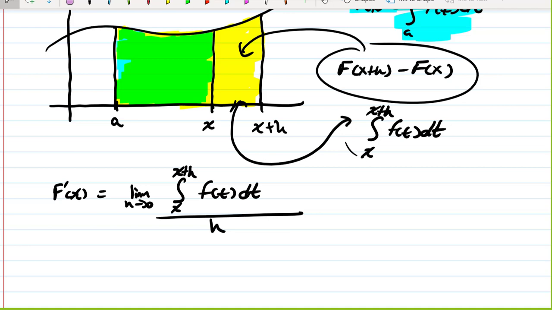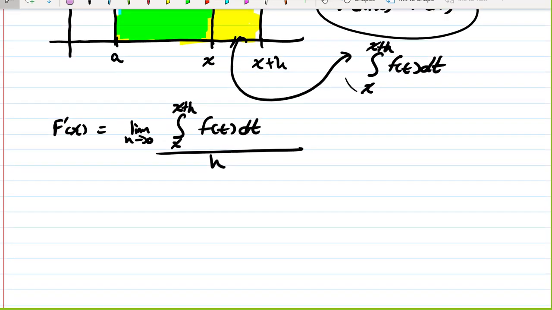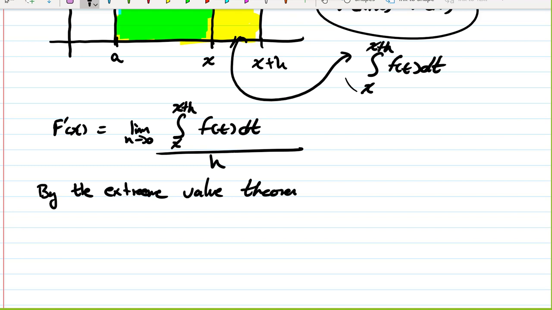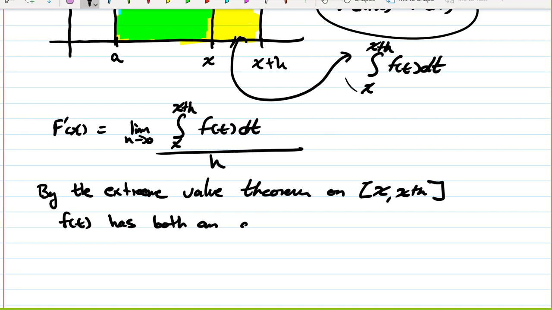So now, by the extreme value theorem, we know that on that interval x to x plus h, f of t has both an absolute minimum and an absolute max.